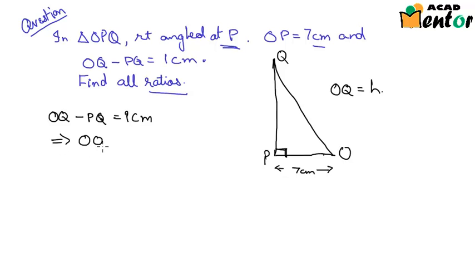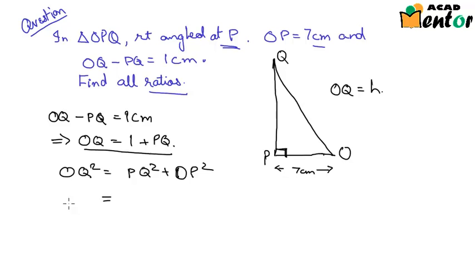So we have OQ as 1 plus PQ, and by the Pythagoras theorem we know that OQ square is equal to PQ square plus OP square. If we substitute this value of OQ here, we would have 1 plus PQ whole square is equal to PQ square plus OP was 7 centimeters. So this would be 7 square.